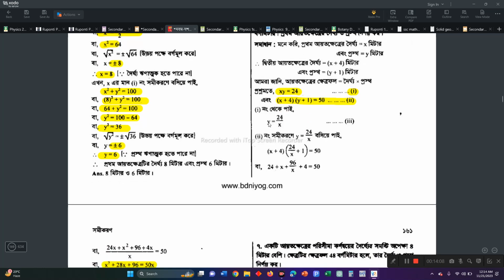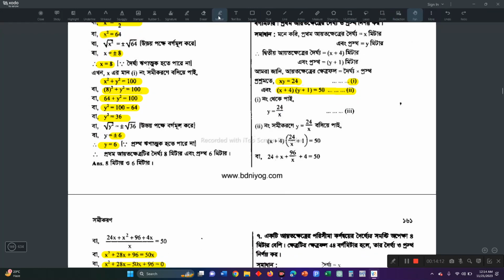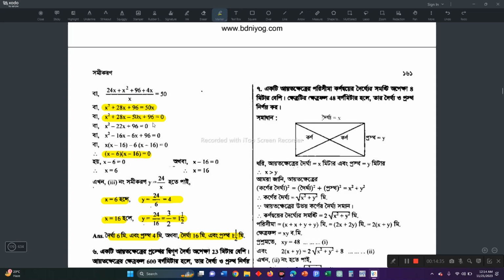So further, y is equal to 24 by x. Putting this value from equation 3 into equation 2, we get x plus 4 into 24 by x plus 1 is equal to 50. Then merging the equation, we get 24 plus x plus 96 by x plus 4 is equal to 50.